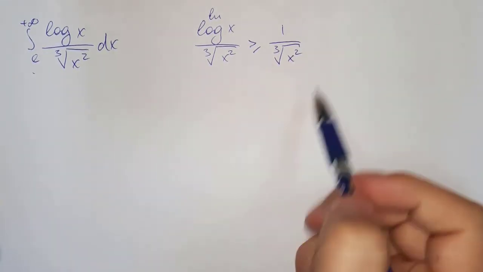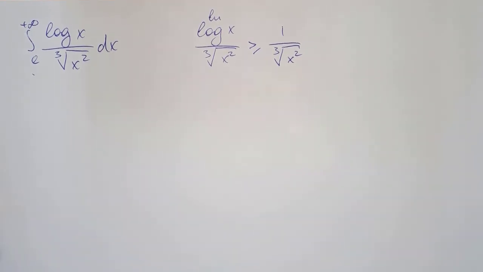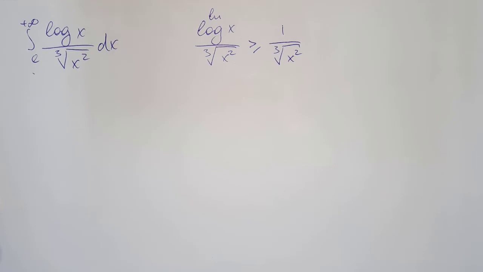This is the least value. And now, using the comparison test, which we showed, if the smaller one diverges, it means the greater one also diverges.